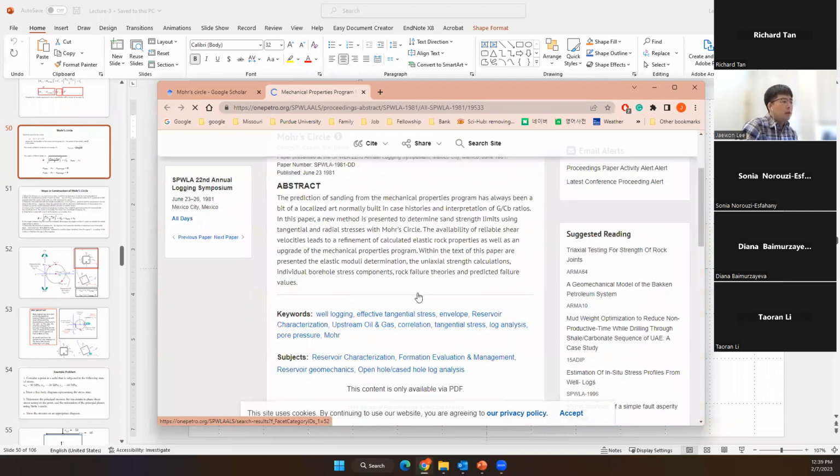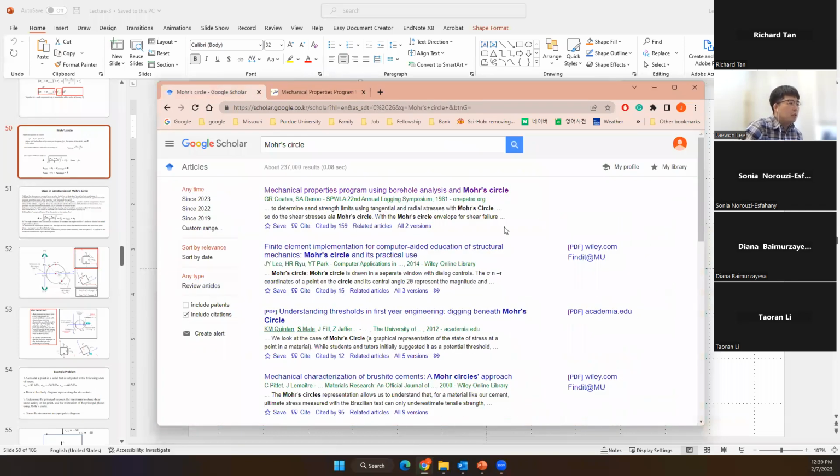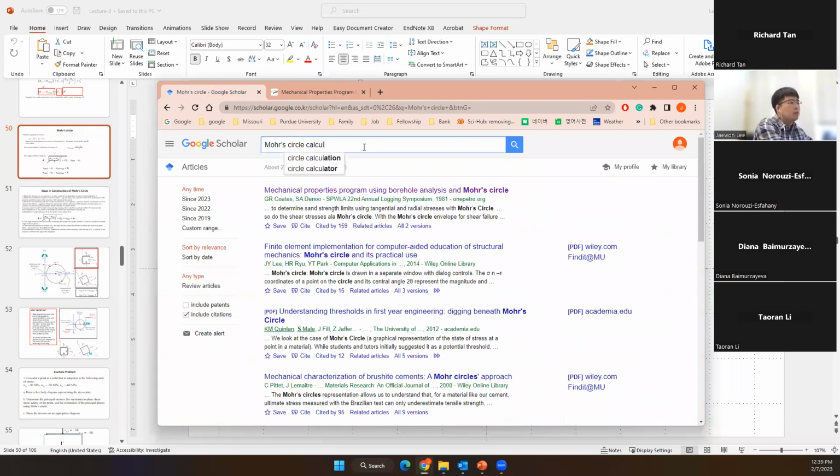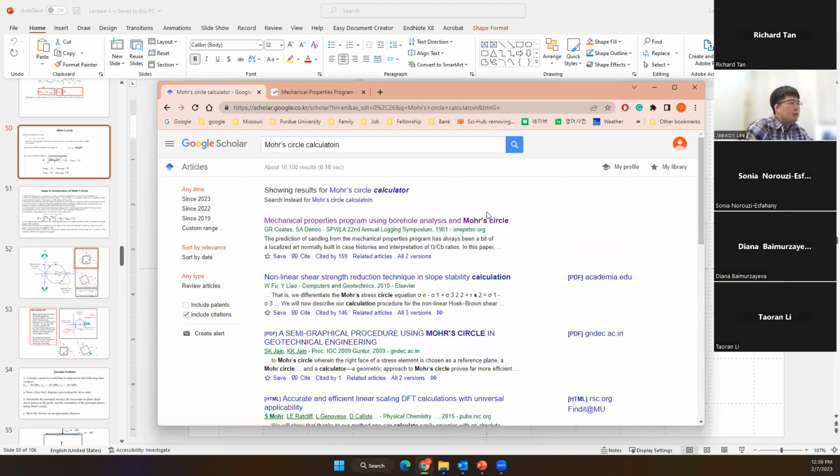At the time, I think it did most of the calculation. Then there are a lot of papers that many researchers or scientists already studied, and just click one of them.